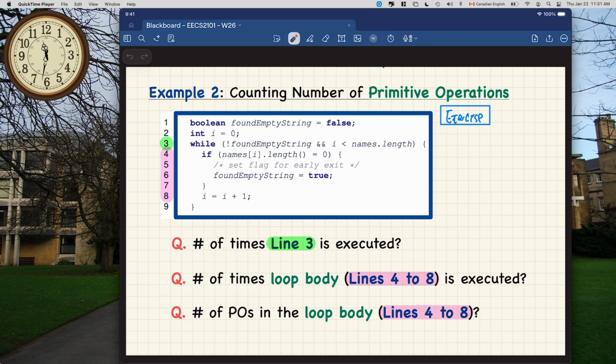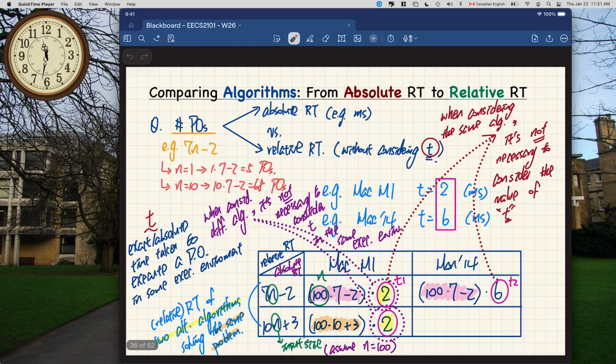Okay? And we talked about making a transition from absolute running time, which depends on the platform, on which machine or even virtual machine you're executing your code or algorithm, towards a more mathematical relative running time. So we're going to focus on just the relative running time function.